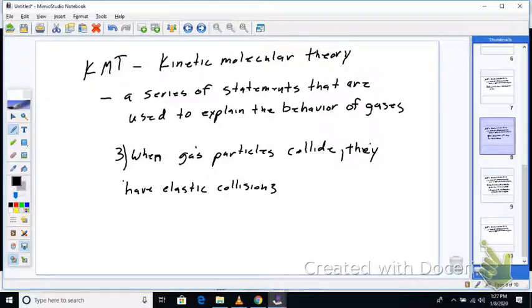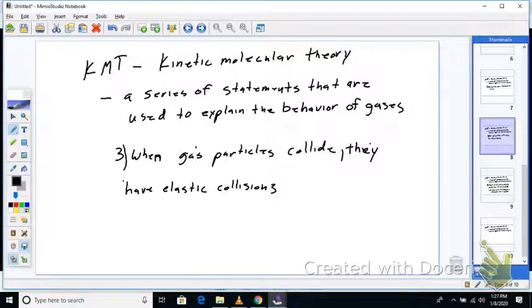So this one, I used to show it like this: if I hit it down, that's what they do. Even this is going to lose energy over time. Eventually it's going to come to a stop. They're saying that gases are perfectly elastic, or really, really close to perfect.